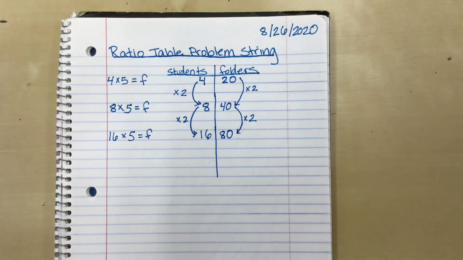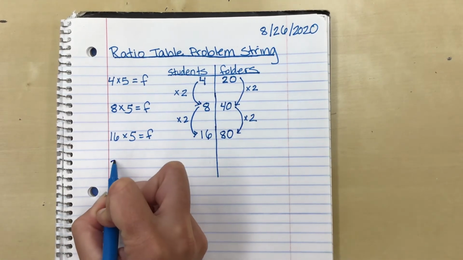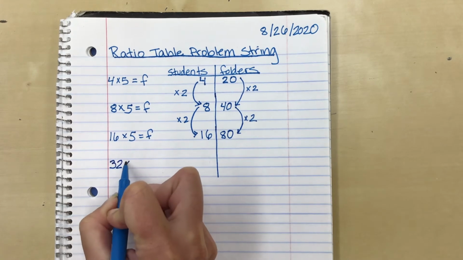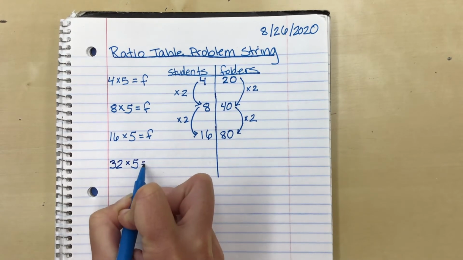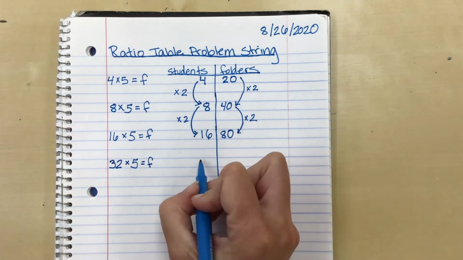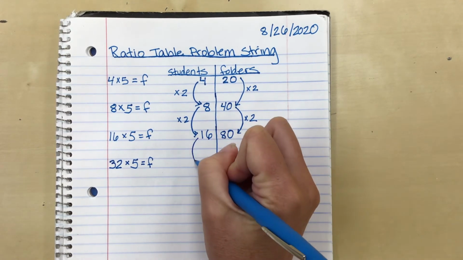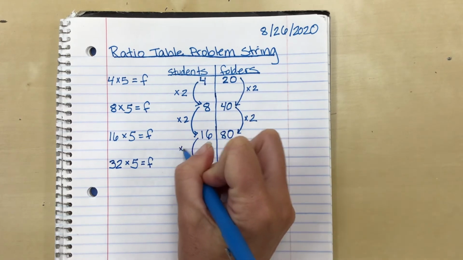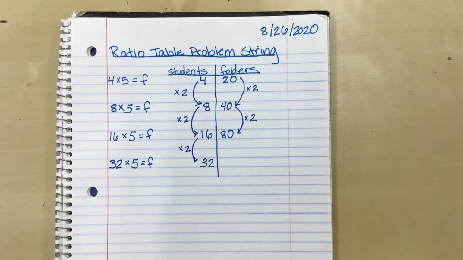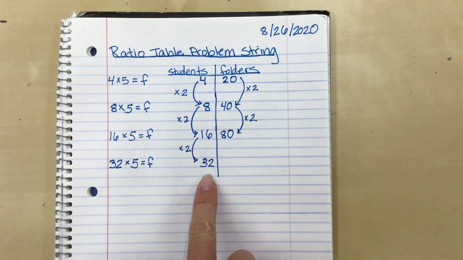Okay, we're going to keep going here. What's our pattern? We're doubling, so we're going to double 16. And I'm going to ask you to do 32 times 5 equals F. 32 times 5. Once again, that is not an easy one for me to do off the cuff. 16 doubled is 32.